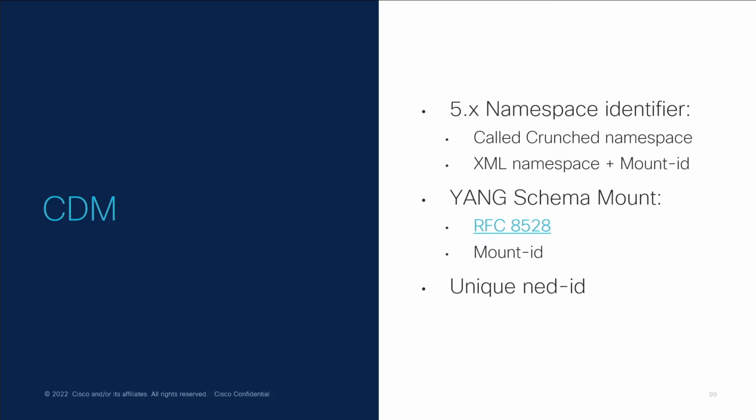In NSO specifically, there is the namespace, but if it's iOS, we can have different NEDs, and they all have the same namespace. So we have to differentiate with something else, and in this case, it's the NED ID, which is unique specifically to NSO. According to the documentation, the mount ID in the standard is the NED ID in NSO.